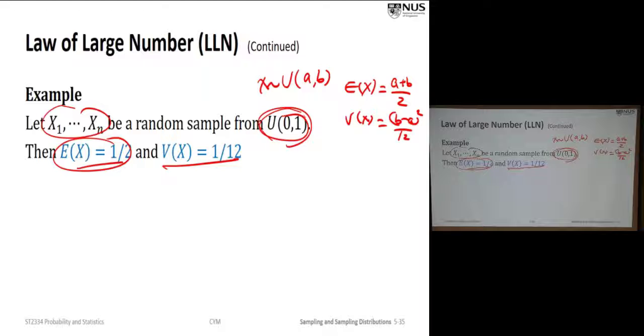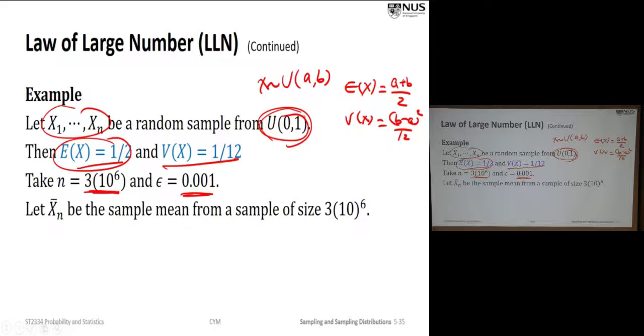Now I take a sample x1 up to xn of size n and compute the sample mean. I choose n equal to 3 million and epsilon 0.001. Let x bar be the sample mean of this sample, x1, x2 up to x 3 million.